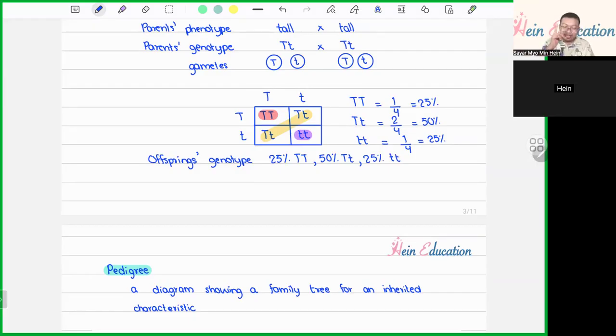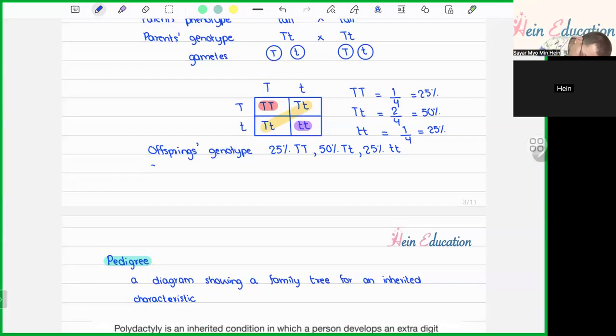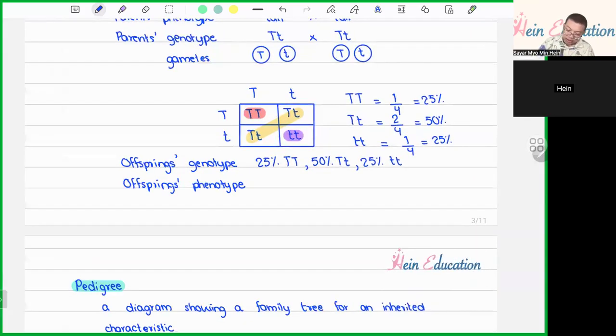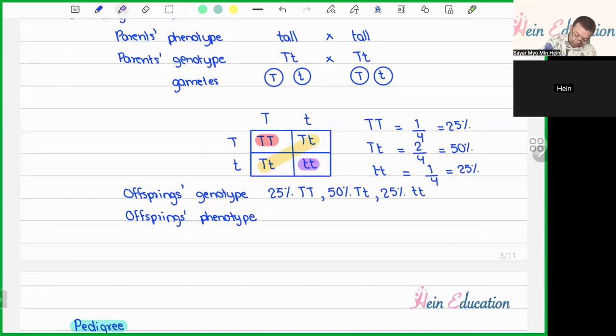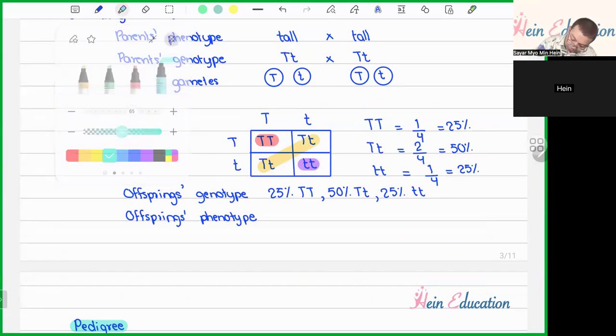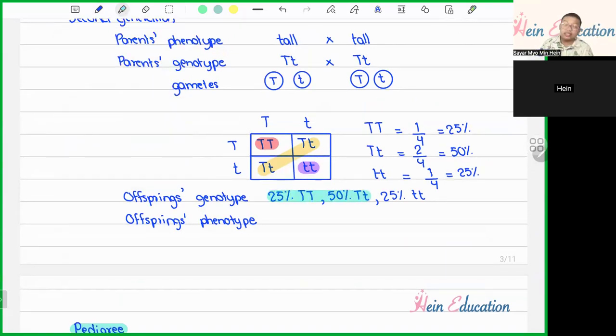So now let's continue to the phenotype. So we got the offspring phenotype. Since both capital T capital T and capital T small t give us the character of tall plant, that would make up 75% tall and 25% dwarf.